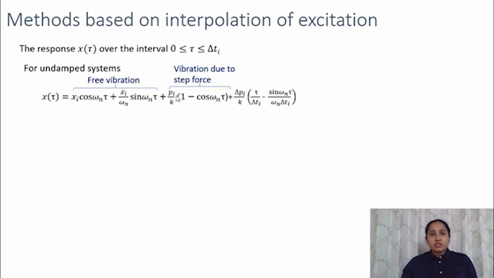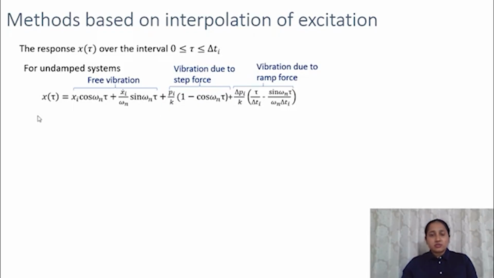So that would be Pi by k times 1 minus cos omega n tau. Then we have vibration due to ramp force. So that would be delta Pi by k times tau by delta Ti minus sin omega n tau by omega n delta Ti. So this also we have derived earlier.